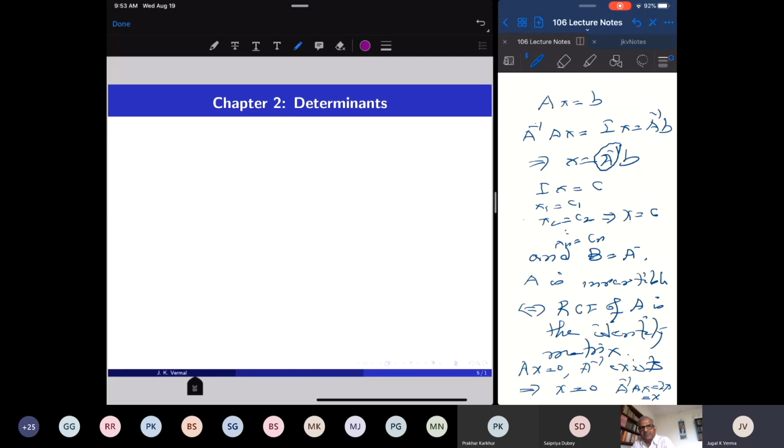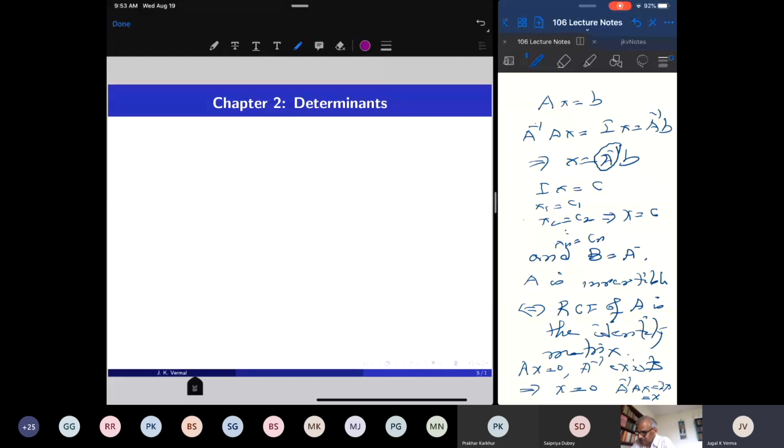And the determinant is a multilinear function. It is linear in every column vector or every row vector. We will take these three properties of determinants, which you know, as our characterization of the determinant function.